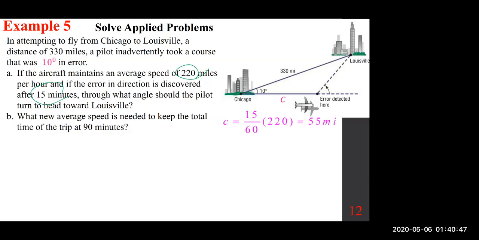What if it's a number like, let's say, 7? So there is no common factor between the top and the bottom, okay? So this is 15 over 60 or 7 over 60, any number of minutes divided by 60. So we cover a distance of 55 miles, okay.